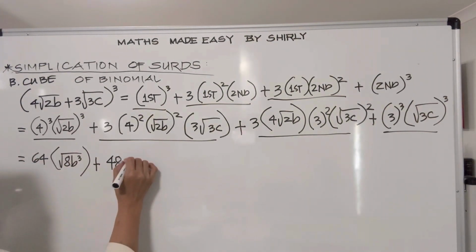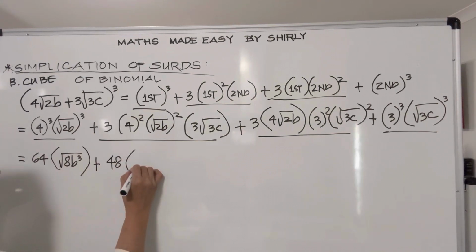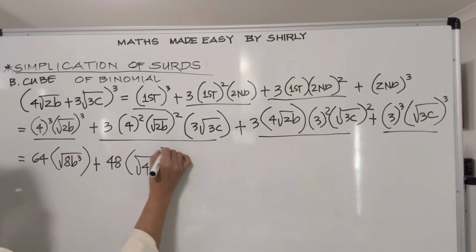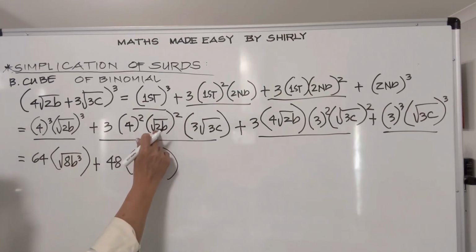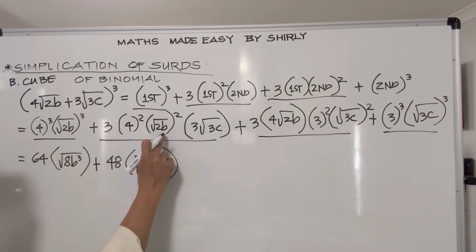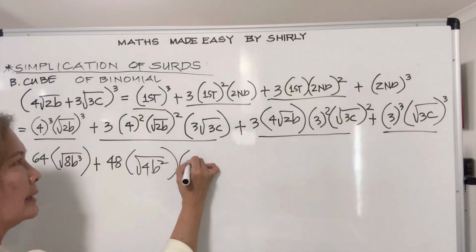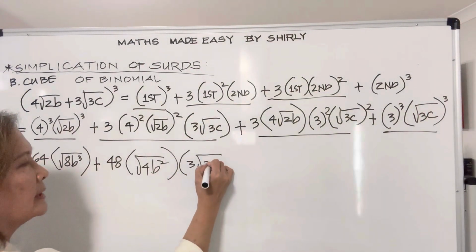Next, we square that. So we have the square root of 4b squared, squaring both 2 and b. Next, we need to multiply that with 3 square root of 3c.